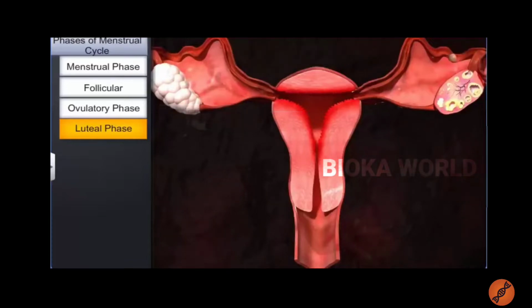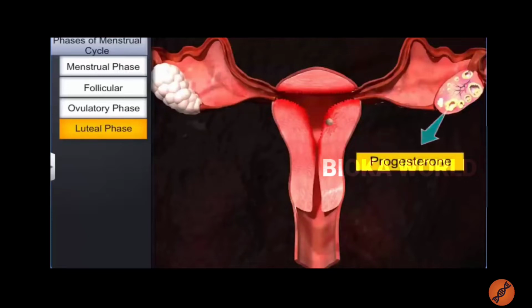For instance, the fertilized egg gets embedded in the endometrium and derives nourishment from it. The corpus luteum, on the other hand, starts secreting progesterone that helps maintain the endometrium and encourages the growth of the developing embryo.